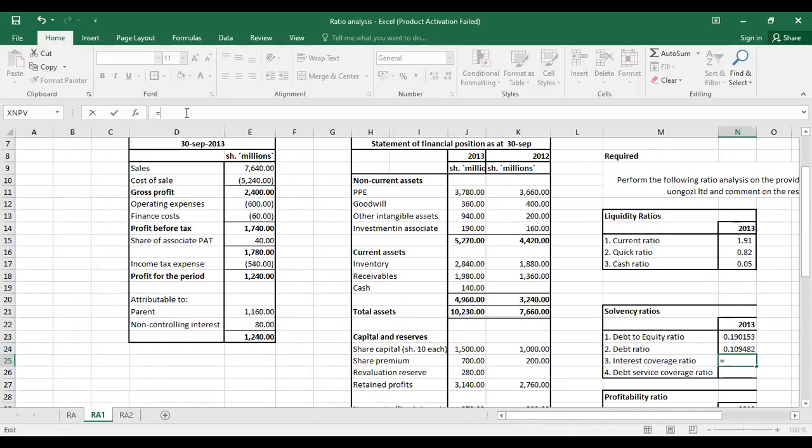So you open a bracket, you take this one here minus the finance cost to add it back, divide by the interest. I start with a negative because it's in negative form, then I take on the finance cost.